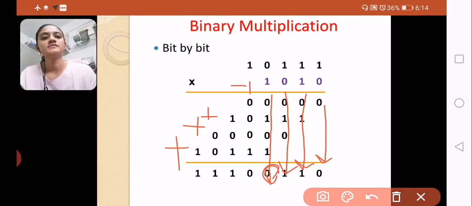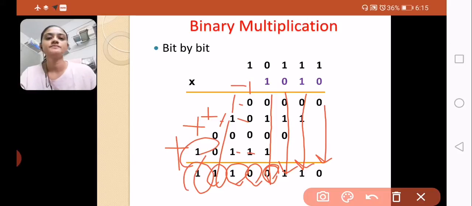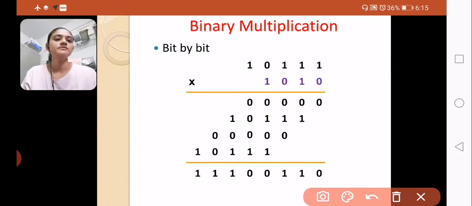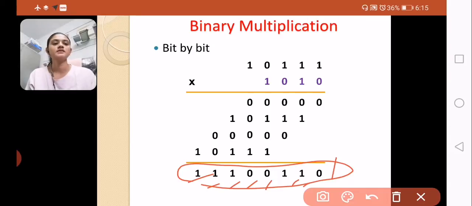In the next, this one and this one will give sum 0 but the carry will be forwarded. 3 times 1 will generate sum 0, and 1 carry is forwarded. This one is written here and this one is written here. Okay, so in this manner the final answer of this multiplication is 1 1 1 0 0 1 1 0. Simple. Okay, and you have to write base 2 after the multiplication.